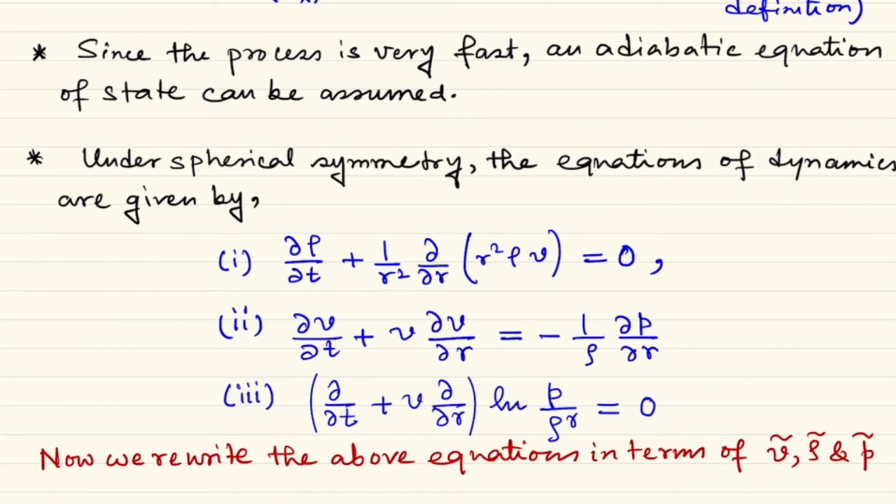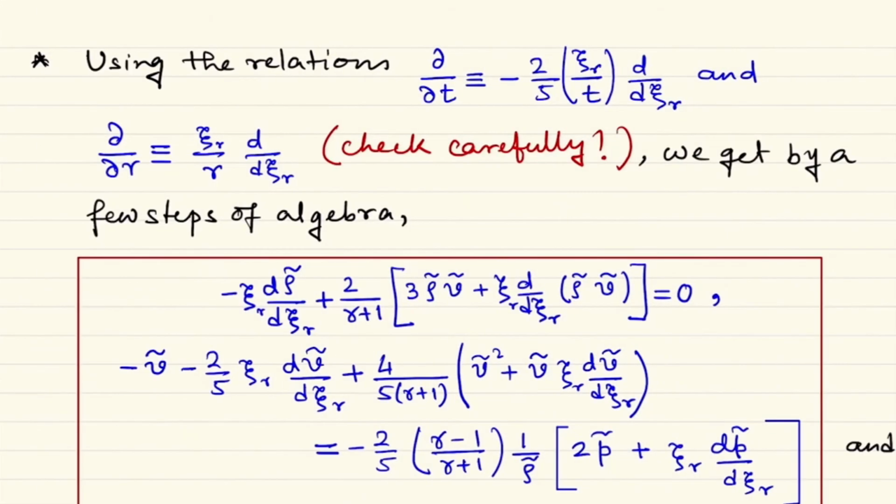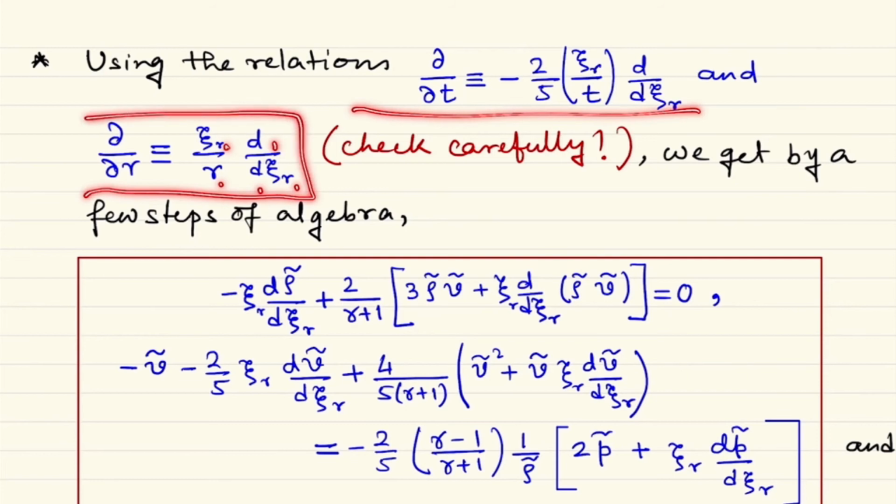So if we write all these three equations in terms of these tilde quantities, that means dimensionless quantities, not only dimensionless, they are functions of xi R, then you can replace del t by minus 2 by 5 xi R by t d by d xi R, and del r by xi R by r d by d xi R. This is very easy, basic calculus.